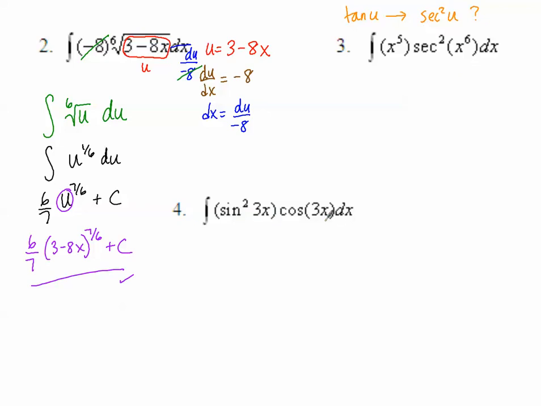In number 4, is there a function whose derivative is sine squared of u times cosine of u? No, there's not. So let's look at this one a different way. Is there a function whose derivative is sine squared of u? No, there is not. So let's look at this a different way. Is there a function whose derivative is cosine of u? Yes, there is.